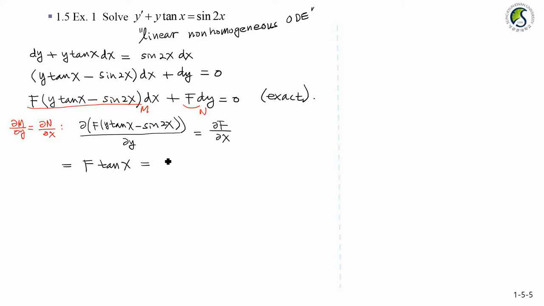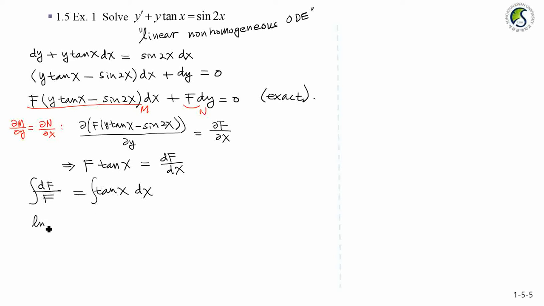And since f is a function of x only, this is df over dx, right? So we can separate by doing df over f equals tangent x dx, and we integrate both sides.